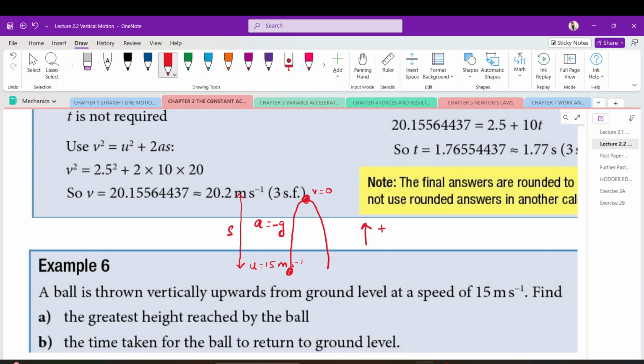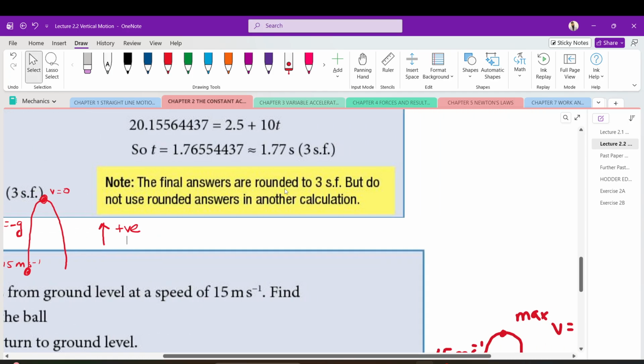If I've taken upwards as my positive, the acceleration is still acting downwards regardless of whether the object is moving upwards or downwards. Acceleration due to gravity will be negative, because it is acting down. So these are the four variables that we have taken into account.